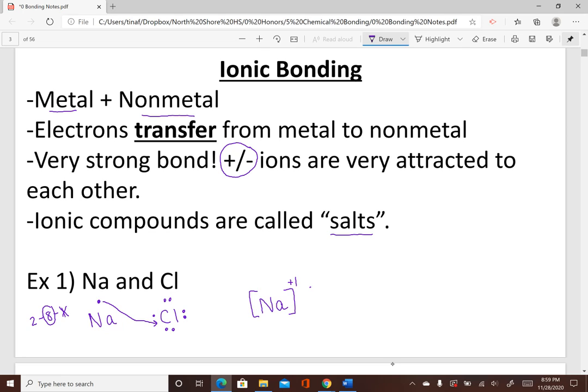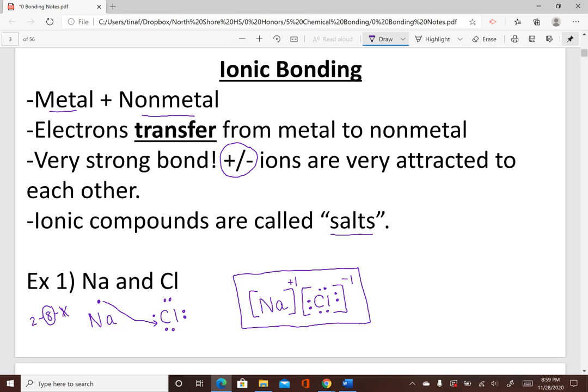Chlorine is now an ion. It had 7 electrons, now it's got 8. And because it gained 1 electron, it has a -1 charge. So this is my final answer. This is sodium chloride. My positive ion and my negative ion stick together.